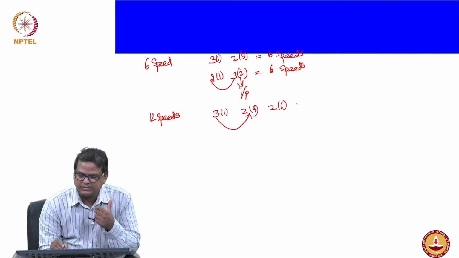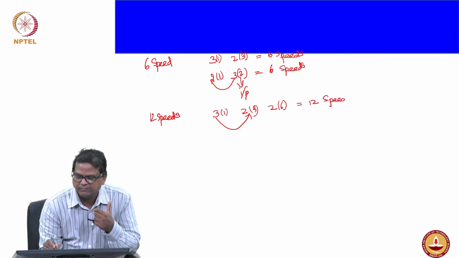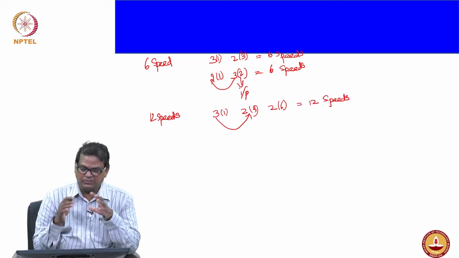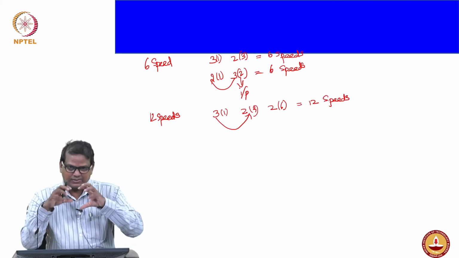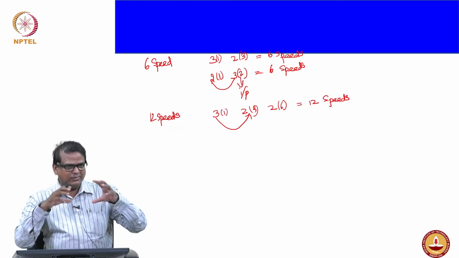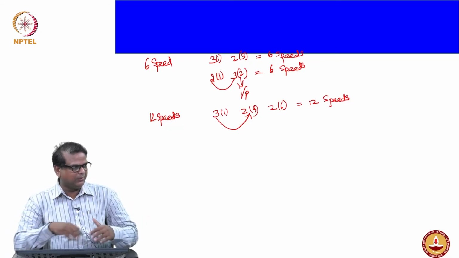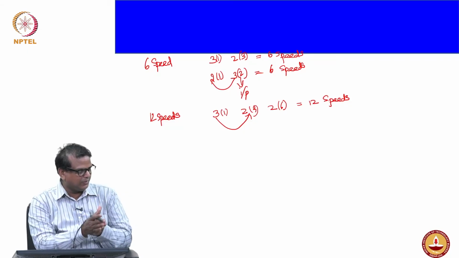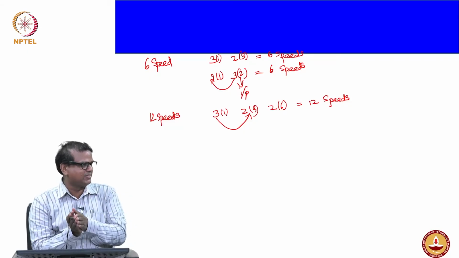So, 2 into 6, I would expect 12 speeds. So, you clearly understand how useful the structure formula is. It not only gives the arrangement but also tells about each stage's input and the corresponding output speeds.